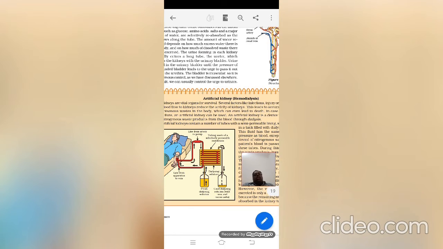Those who have a high sugar level in their body, diabetes mellitus or type 2 diabetes, their kidney will fail. When their kidney fails, filtration is not possible, so there will be accumulation of nitrogenous waste inside the blood that is poisonous to us. To eliminate that waste, hemodialysis is done inside the hospital.